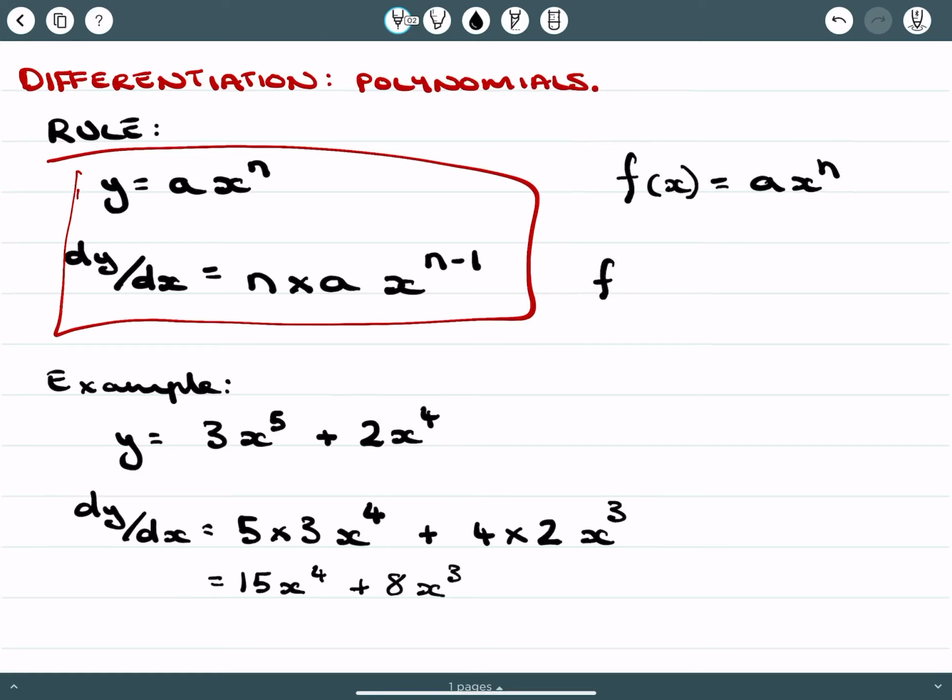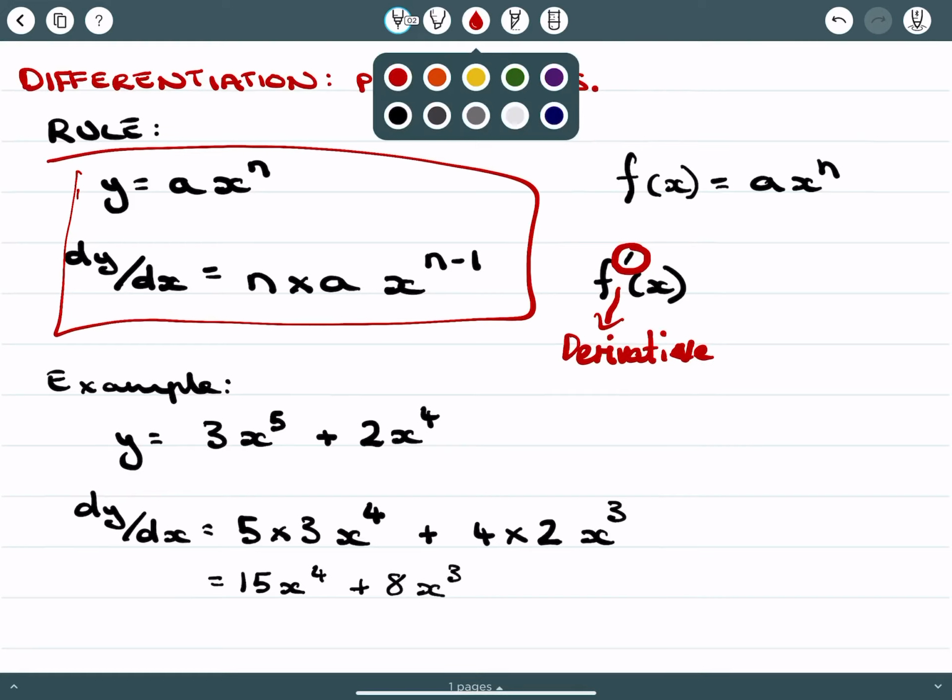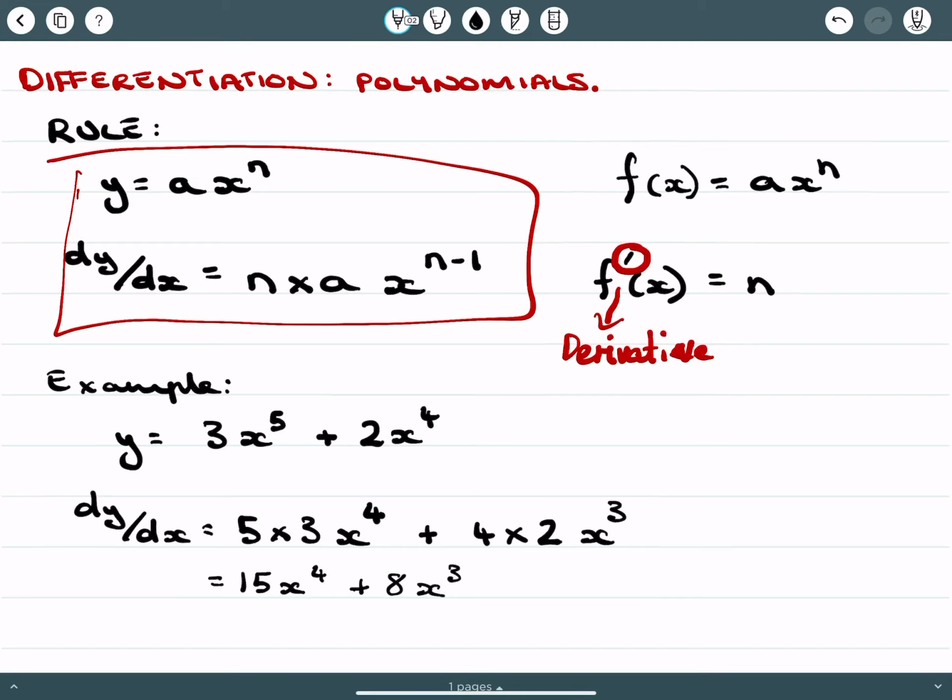In this notation, we call our derivative f'(x), and we use this little apostrophe just to signify that this is the derivative, and it equals a n x to the n minus 1. Same thing, but you just need to be aware of the notation.